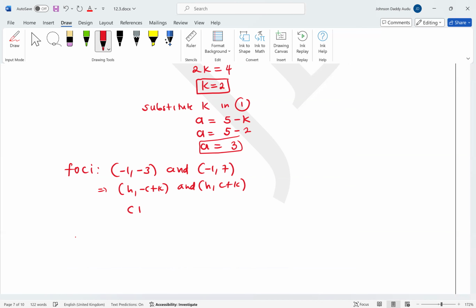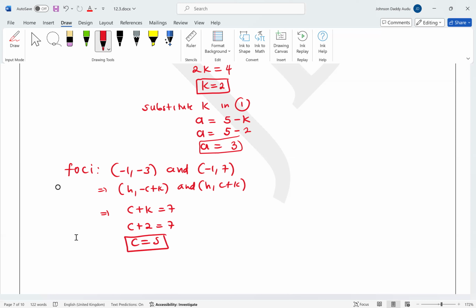It means that c plus k is equal to 7, and minus c plus k is equal to minus 3. But we already have k, so we don't even need two equations; we can use only one. K is already 2, so we have c plus 2 equal to 7.